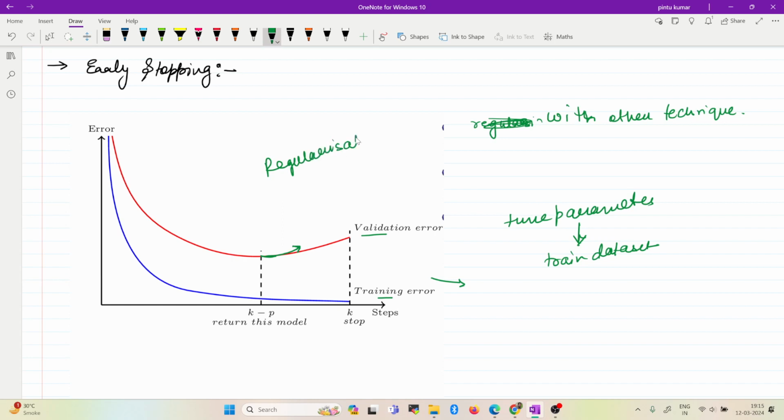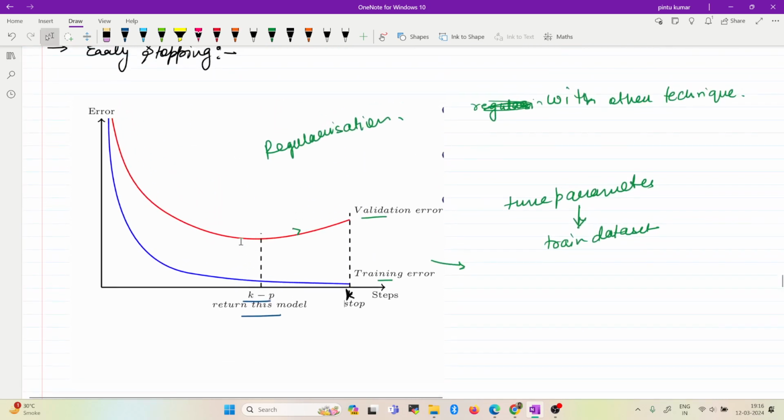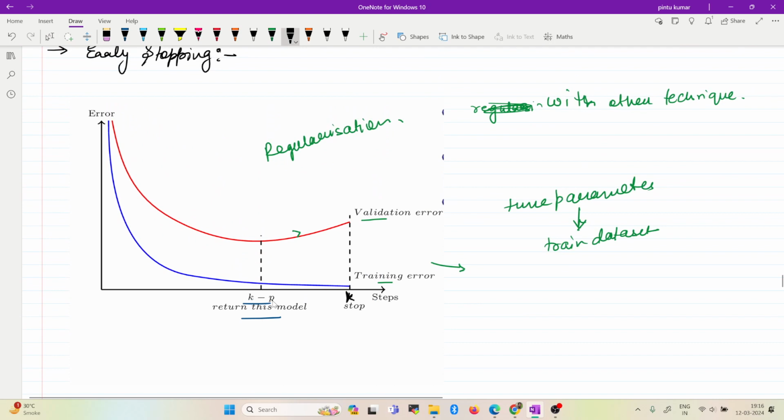There is a specific method by which you can implement early stopping, that is the K minus P method. Let's say you are at the kth iteration. This P is also known as the patience parameter.